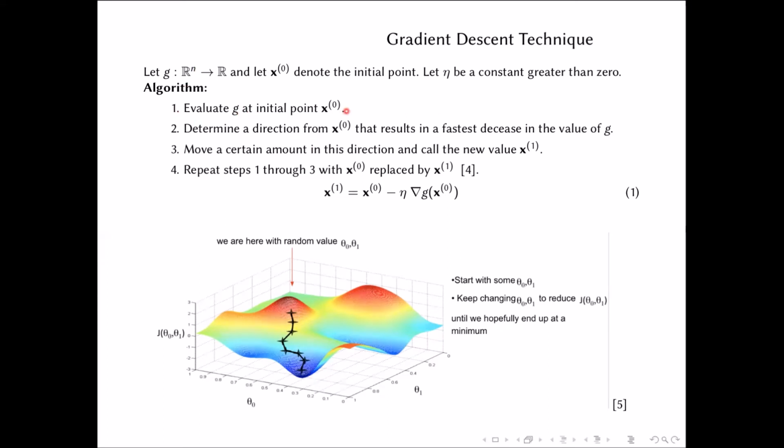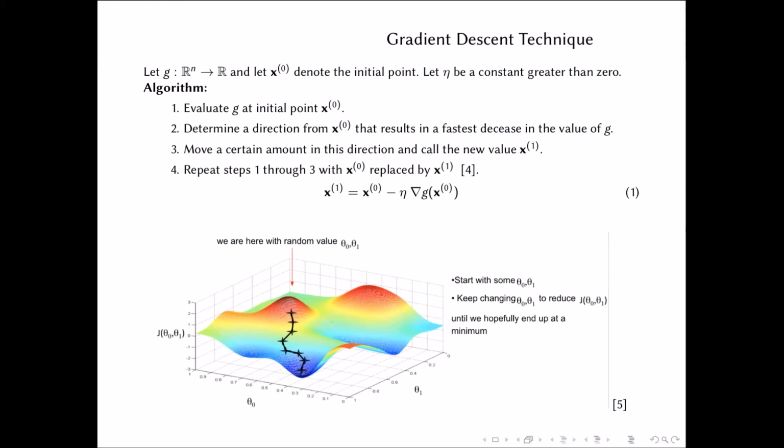First, we evaluate G at the initial point, and then we determine the direction that results in the fastest decrease in the value of G. We know this direction is given by the gradient. Then we move a certain amount in this direction, and that amount is controlled by the learning rate, eta. We get a new value, and we set it as the new starting point.